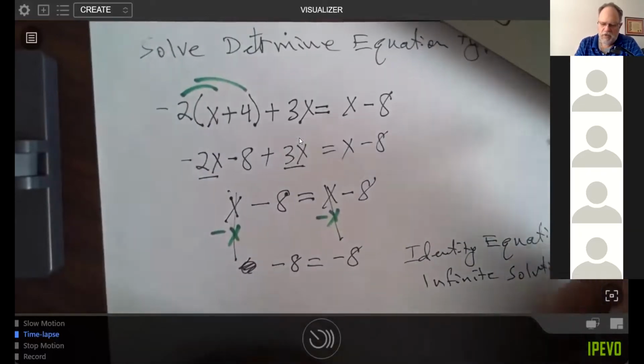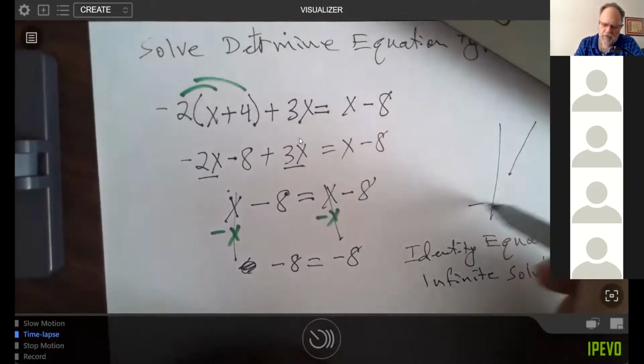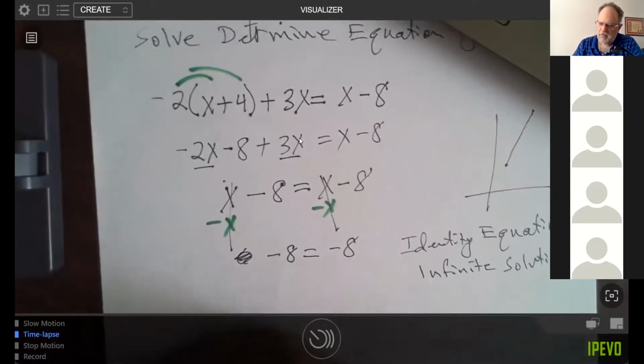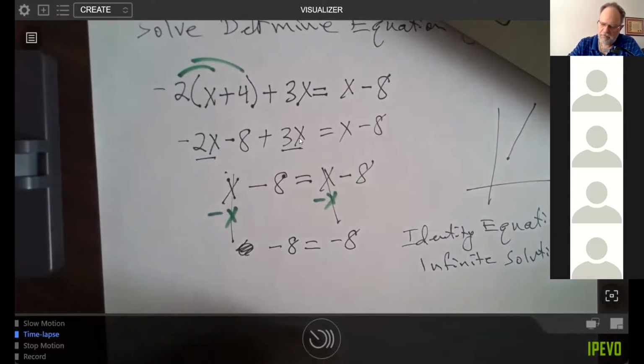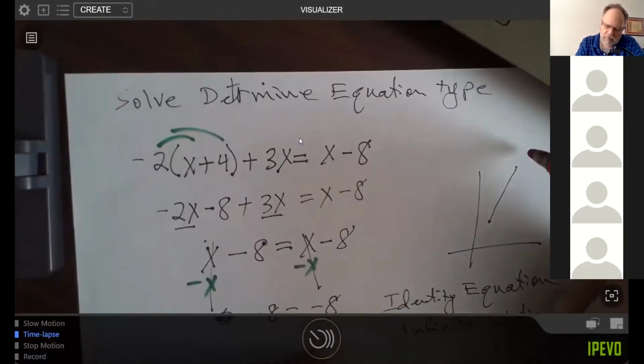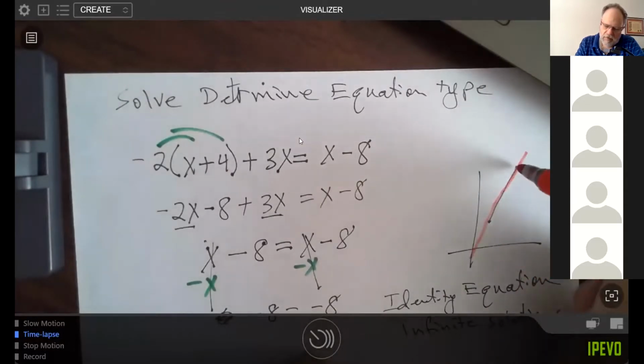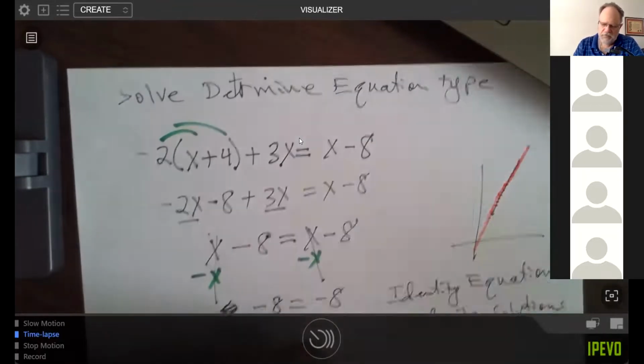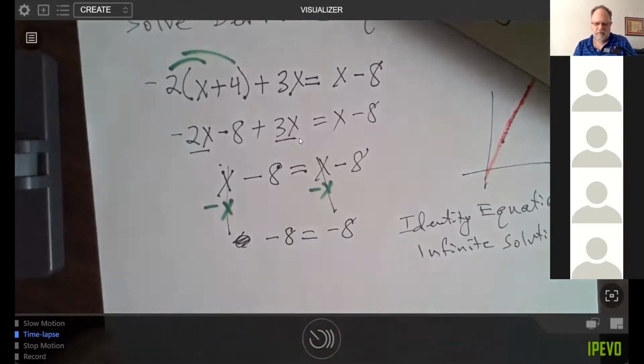In other words, what's happening here is you have a graph, and you've got two lines. Well, one line is on top of the other line. So they both have the same solution. There's an infinite number of points that are the same for both of these lines, and so it's an infinite solution.